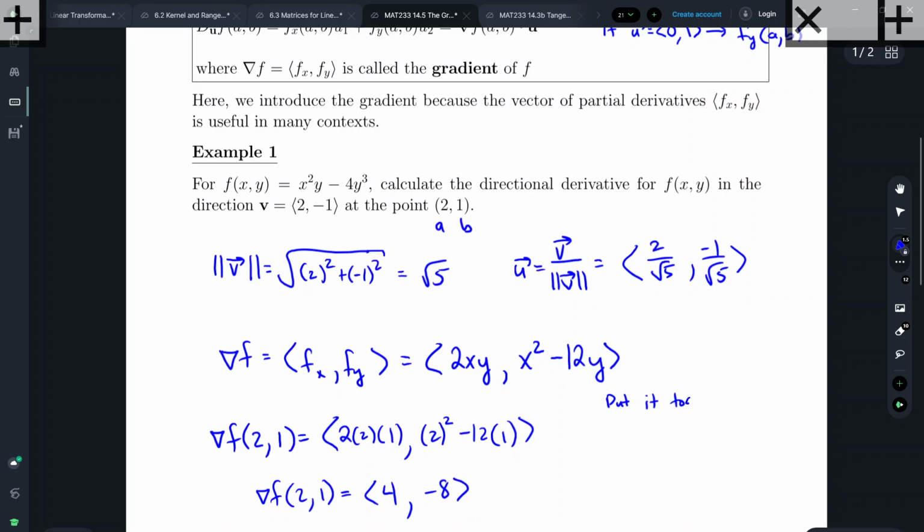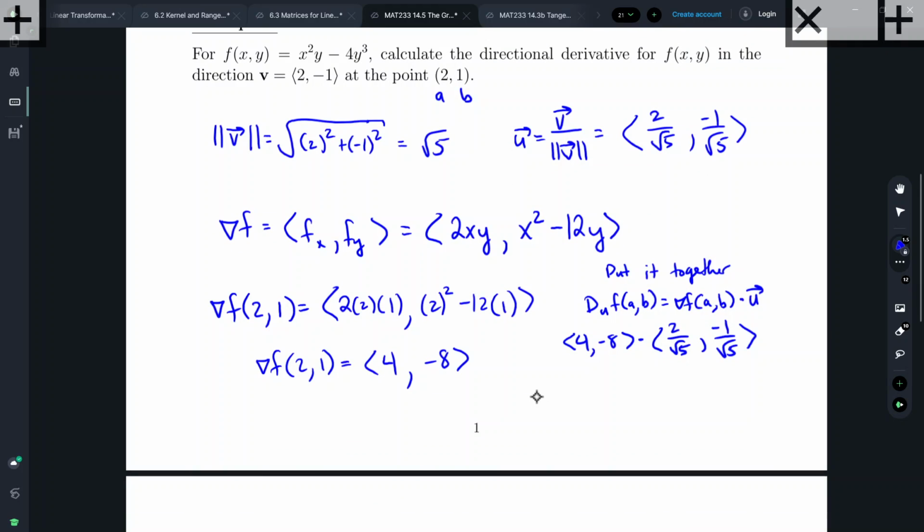So the directional derivative is the gradient at the point a, b, dot product with my vector u. So writing it out, it's 4 comma negative 8 dot product with 2 over square root of 5 comma minus 1 over square root of 5.